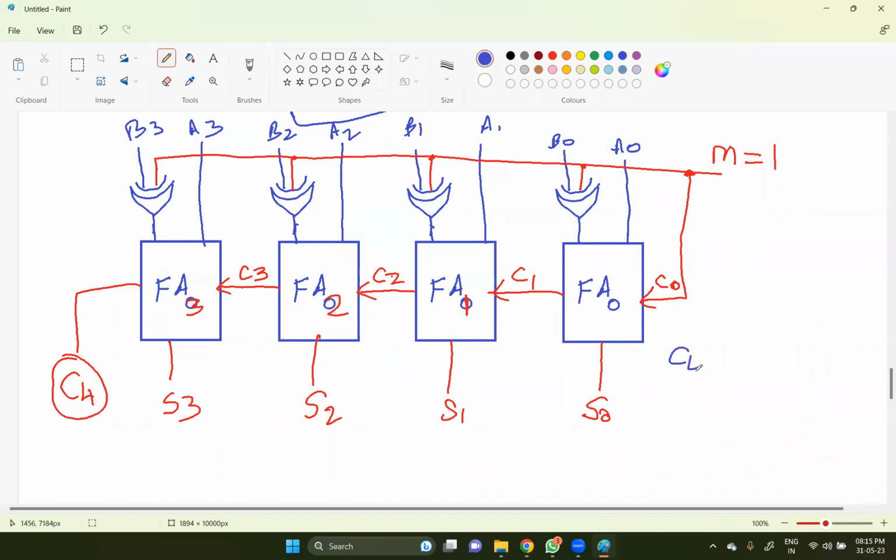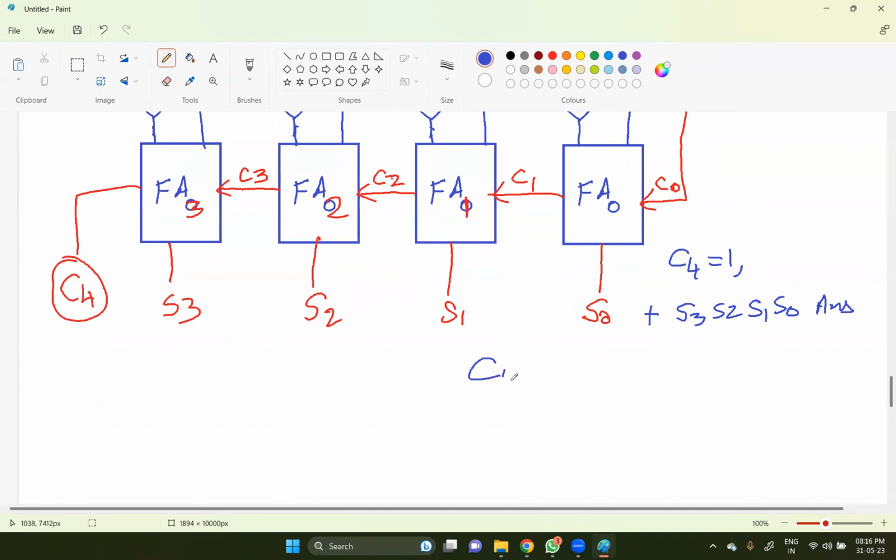If C4 is equal to 1, then excluding C4, S3, S2, S1 and S0 will be the answer. That is the answer. Of course, before this there is a plus sign. If you are not supposed to give any plus sign, that will be considered plus only.